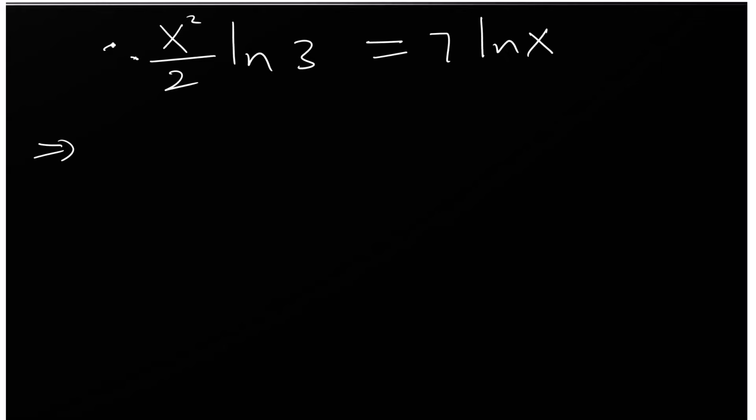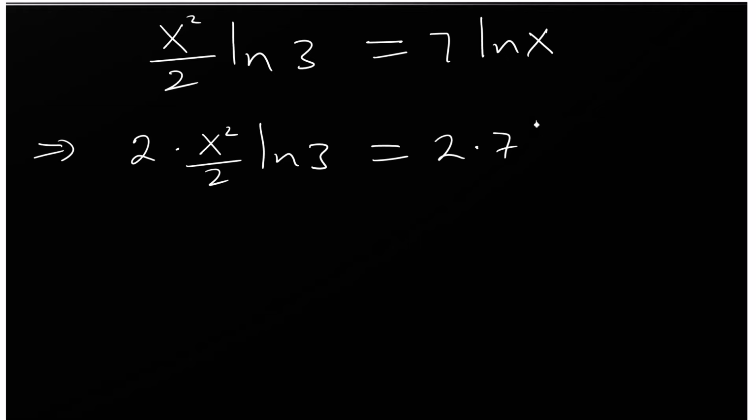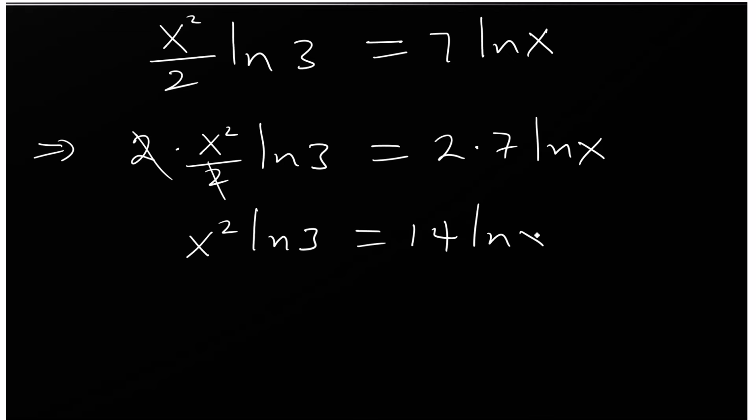So we have 2 times x squared on 2 ln of 3 equals 2 times 7 ln of x. So this will cancel this. I will leave it as x squared ln of 3 equals 14 ln of x.